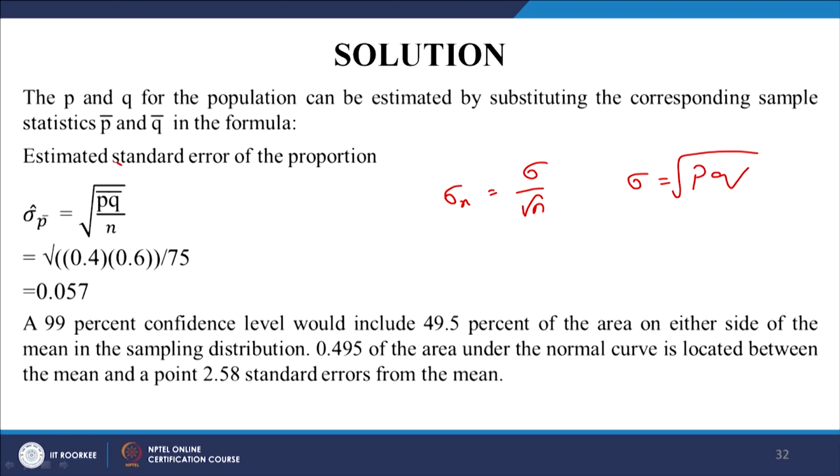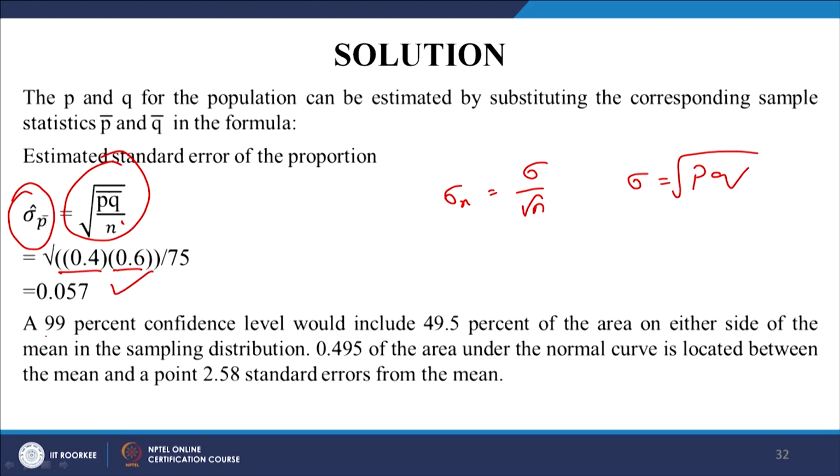Now the standard error of proportion, this is called the estimated standard error of proportion, is equal to root of 0.4 into 0.6 divided by n, n was 75. So, this gives us 0.057.